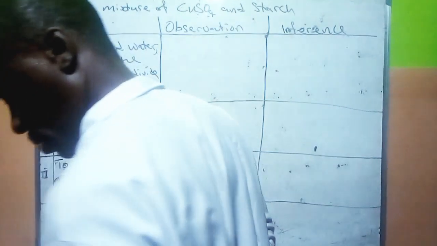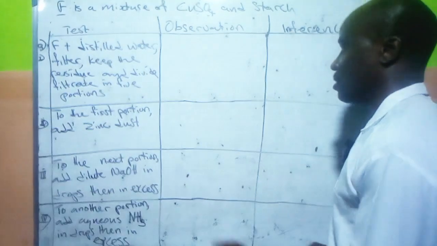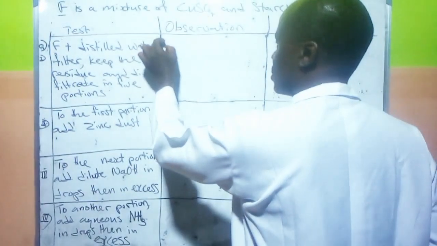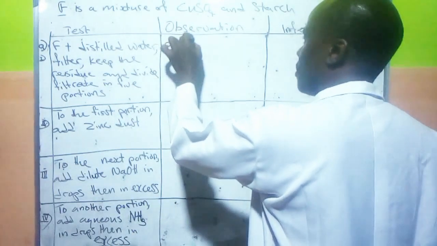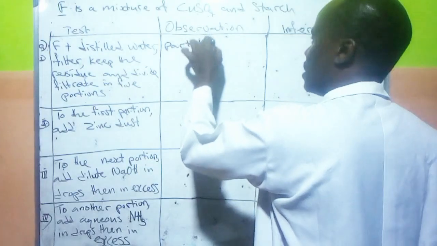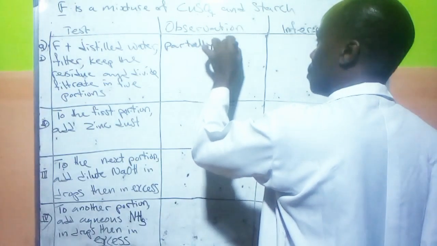So what I'm going to do is write our observation. Our observation is what we have here: F is partially soluble.